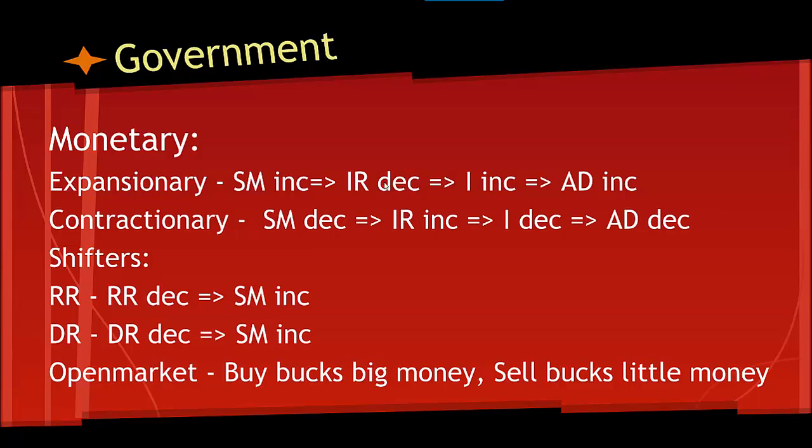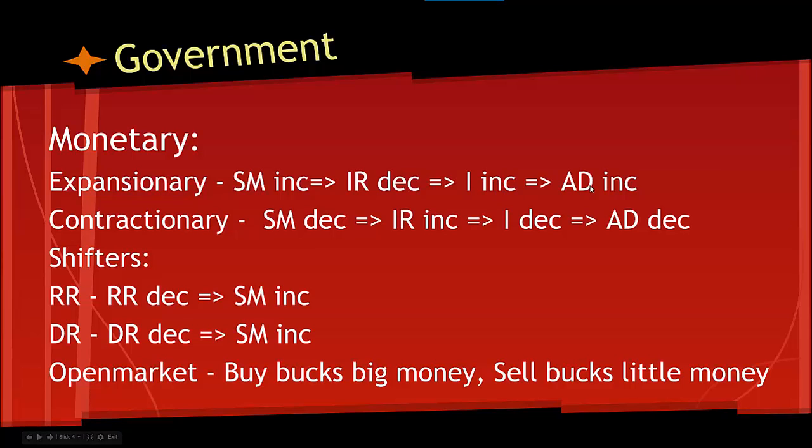So with an expansionary monetary policy, if the government increases the supply of money, then your interest rates are going to decrease, and you're going to know this from the graph, which will lead to your investments increasing.